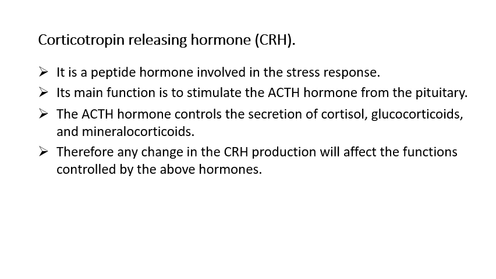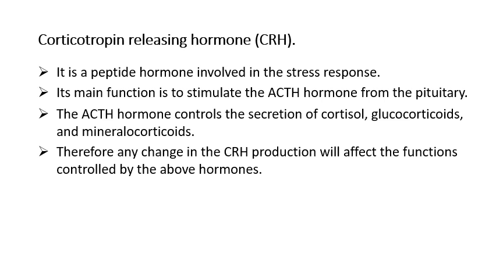Then the second important neurohormone is corticotropin releasing hormone, CRH. It is a peptide hormone, and it is involved in the stress response because this hormone controls the secretion of adrenocorticotropic hormone from the pituitary.